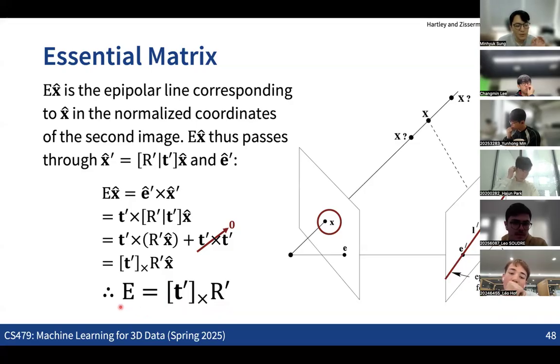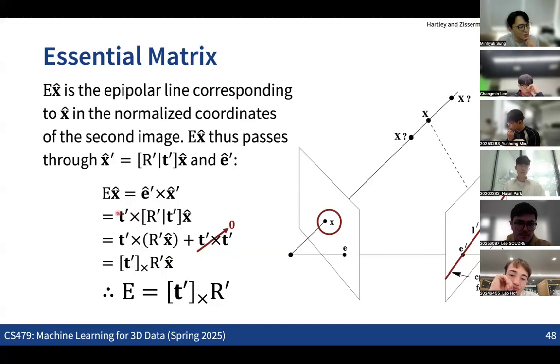So once we can calculate the essential matrix, based on this we will be able to derive the translation and the rotation. This shows the relationship between the essential matrix and the camera pose that we are going to calculate. Is it clear?